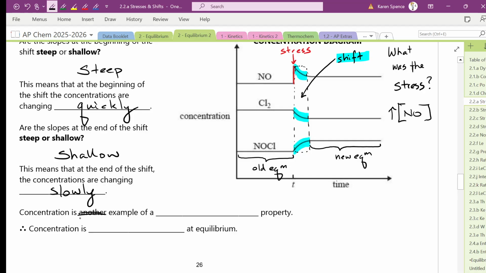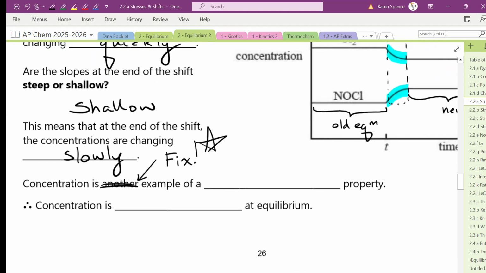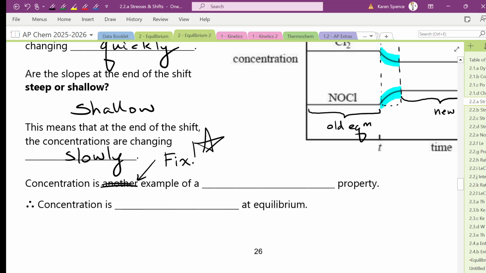I don't know why I have the word concentration here. Let's fix that. Concentration is an example of what type of property? Macroscopic. Concentration is a macroscopic property, and it is constant at equilibrium.